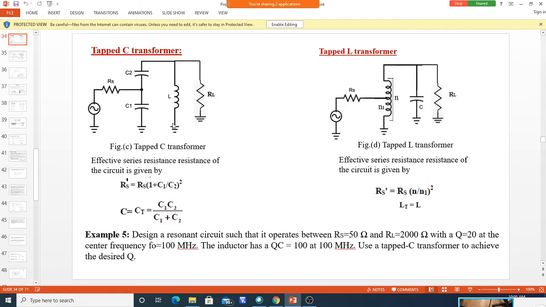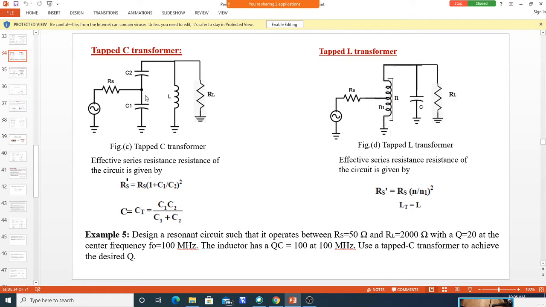In the previous class we have seen this is a tapped C transformer, this is a tapped L transformer. In the tapped C transformer, the input impedance, that is input resistance, increases to this value. This is RS from the source, a fixed value, maybe 50 ohm. But by splitting the capacitor into C1 and C2, first you design a resonator circuit and get a capacitor value based on the resonant frequency.